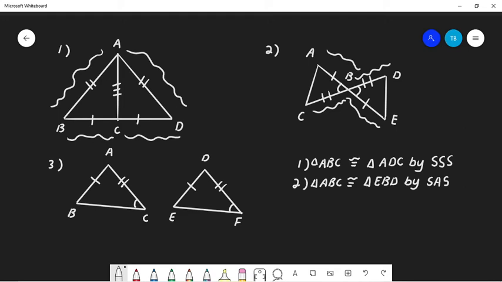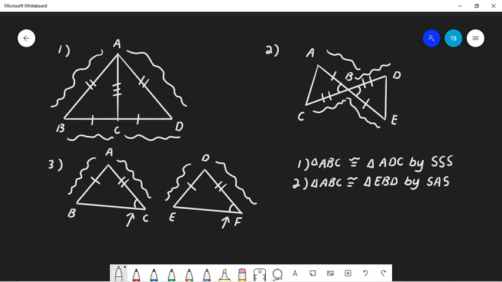So we have two triangles here. We know that two pairs of their side lengths are congruent, so we know that, label them here, AB and DE are congruent to each other, and we know that AC and DF are congruent to each other, and we also know that angle C right here and angle F down here are congruent to each other.